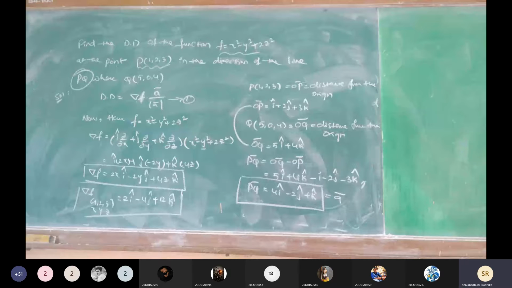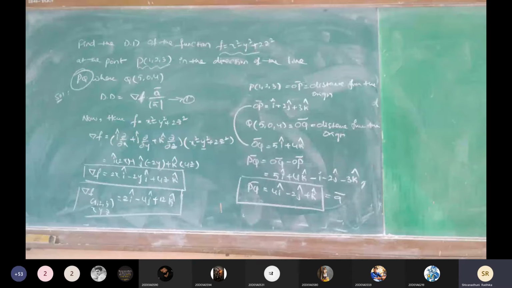What is del f here? 2 i cap minus 4 j cap plus 12 k cap, dot A bar. What is A bar here? 4 i cap minus 2 j cap plus k cap by root 21.